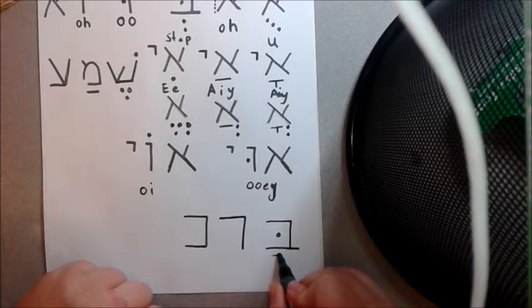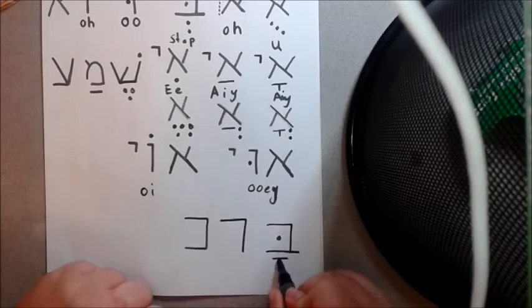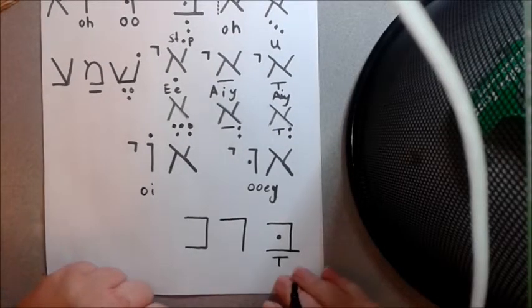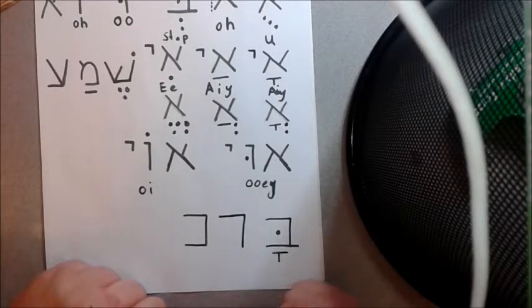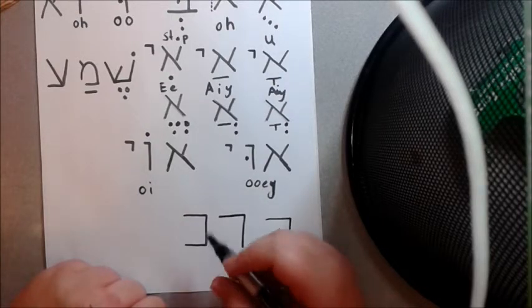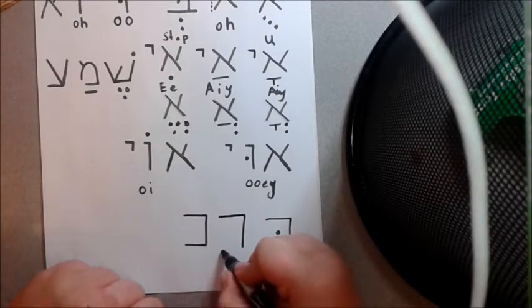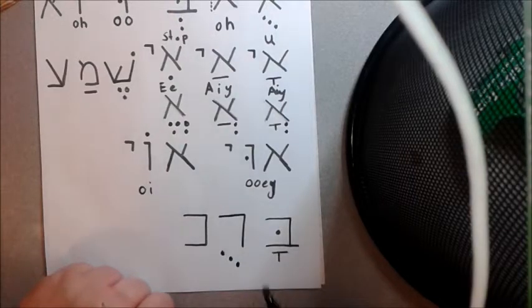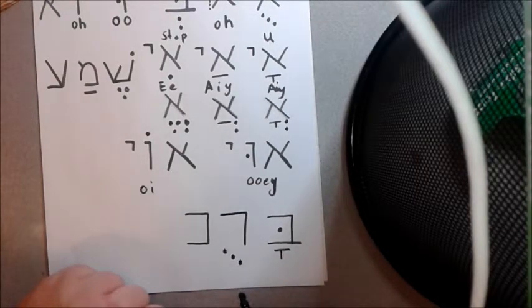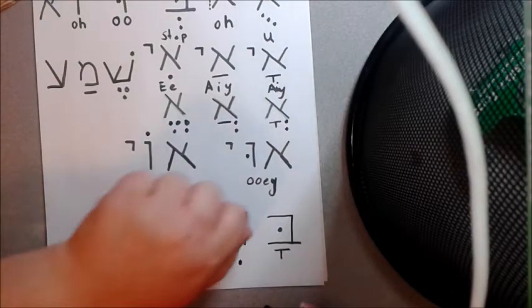So if I say ba, and I don't actually know if this is the correct spelling of this, but for the sake of reading, that's okay. We'll just do this. Baruch. Okay, do you hear that? Ba.